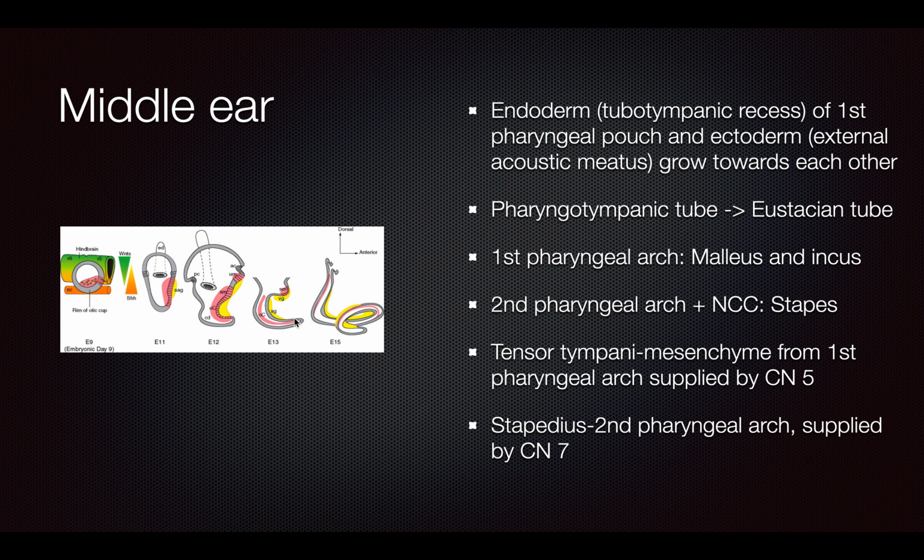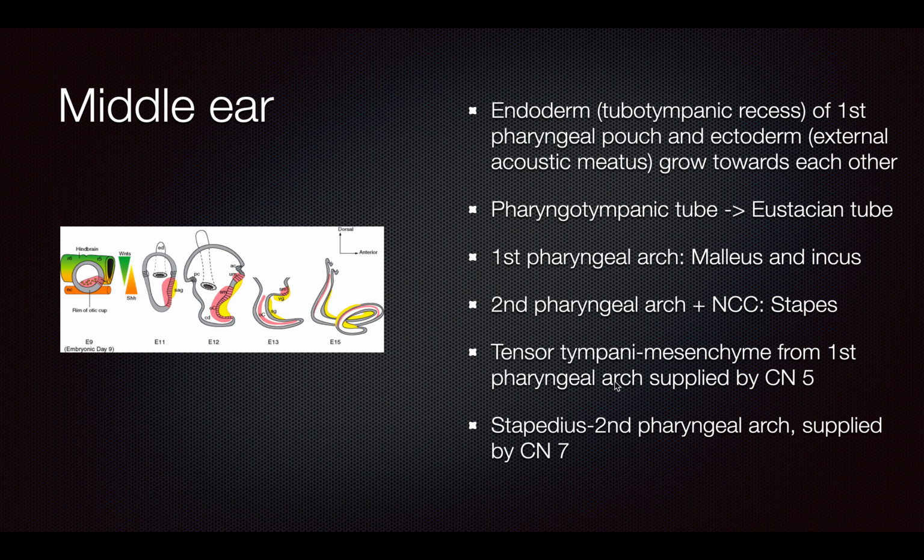And the pharyngotympanic tube is going to connect the pharynx to the tympanic area, and it's known as the eustachian tube as we grow up. And the first pharyngeal arch will form the malleus and the incus, and the second pharyngeal arch, along with the neural crest cells, will form the stapes.